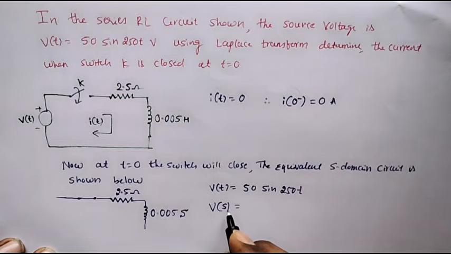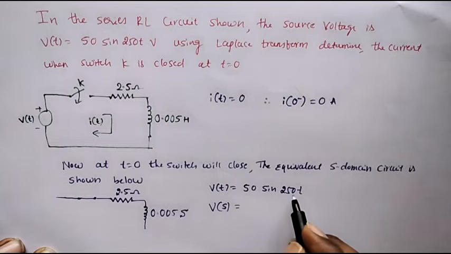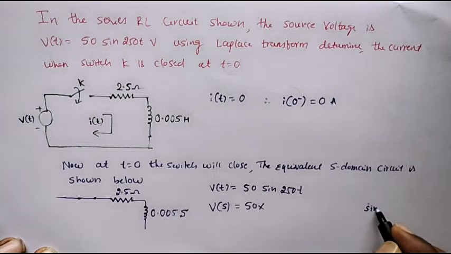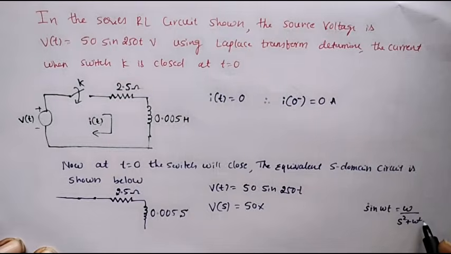So V(s) is nothing but the Laplace transform of this value, that is 50 into, it is of the form sin omega t. The Laplace transform of sin omega t is omega divided by s square plus omega square.